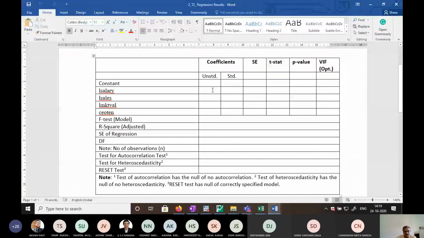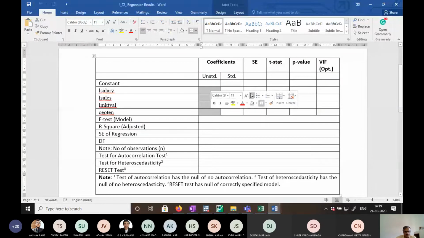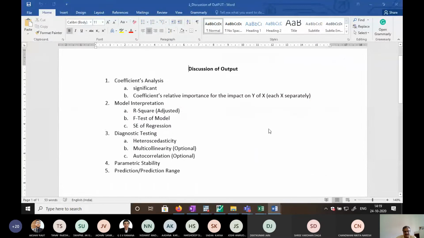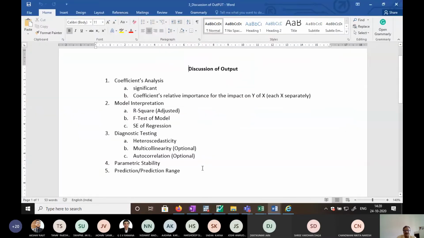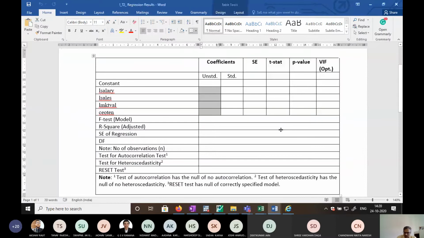So here are the coefficients, and then the corresponding SE. These are standard errors. Right now we are not making use of standard error, but there are people who use standard error to understand the strength of your analysis. So you have to help them. That's why you need to report standard error. The t-value can straight away be calculated by dividing the coefficient by the error, but as a matter of convention, we are supposed to report t-values also.